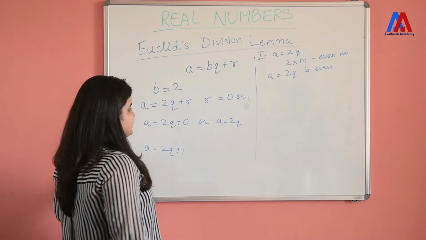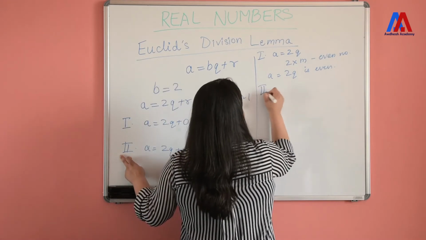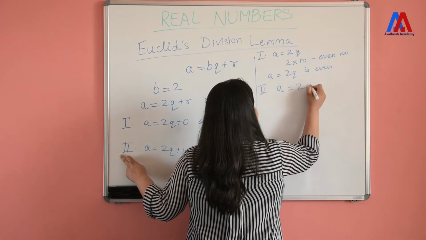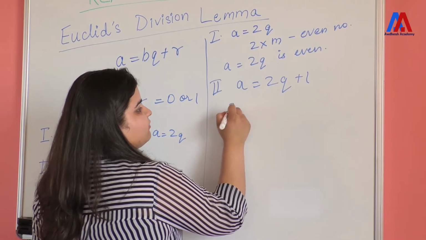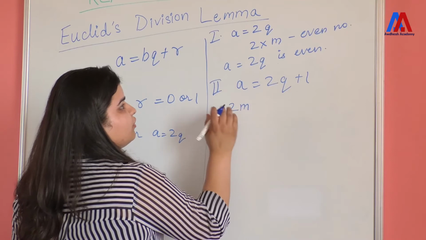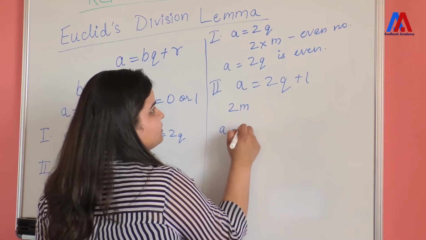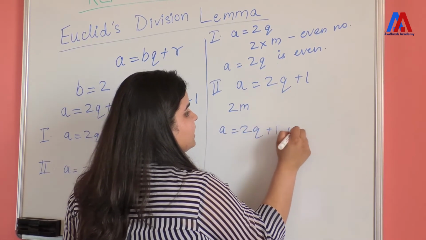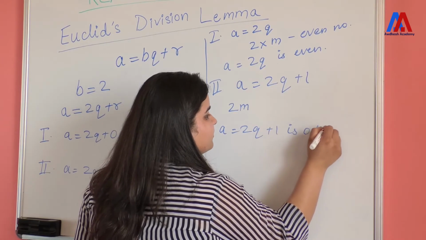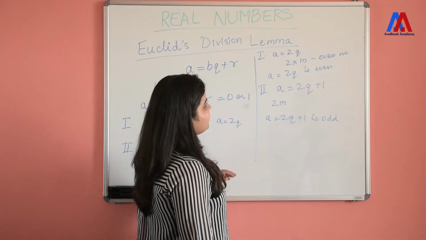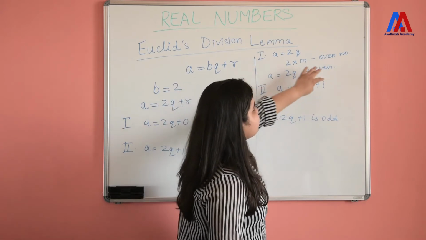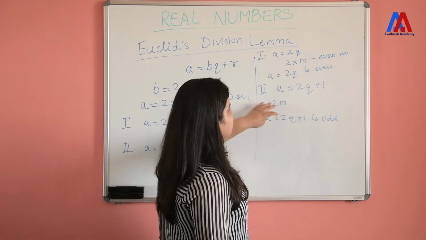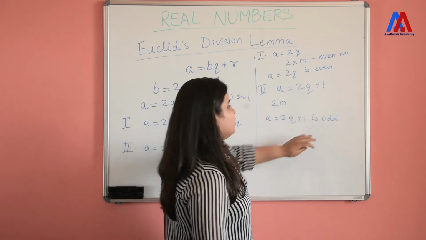Now let's take the second case, that is a equal to 2q plus 1. This cannot be expressed in the form of 2m, so we can conclude that a equal to 2q plus 1 is odd. Thus we have seen that any positive integer of the form 2q is even and any positive integer of the form 2q plus 1 is odd.